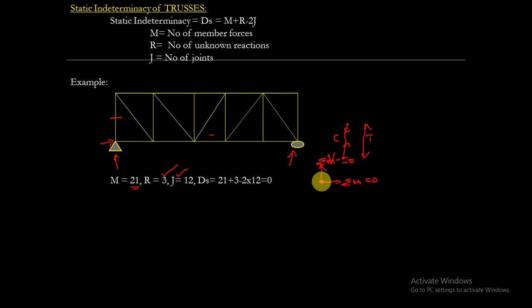So the joints will be 12, and that is 2 into 12. The static indeterminacy of this structure is 0.